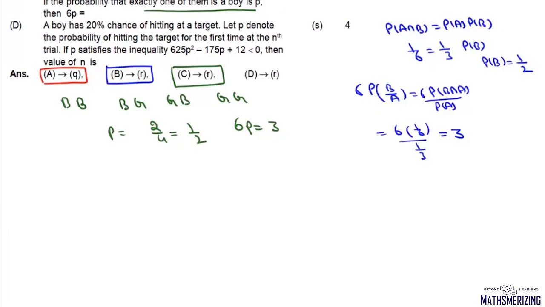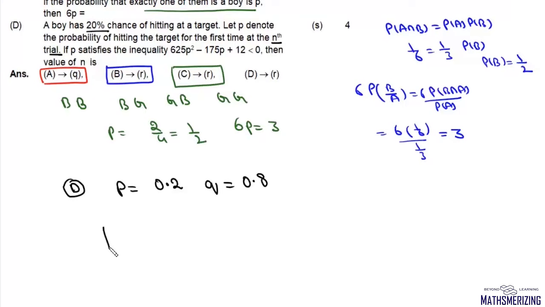And now the fourth question is, a boy has a 20% chance of hitting a target. So the probability of hitting a target is 0.2 and not hitting a target is 0.8. Let p denote the probability of hitting a target for the first time at the nth trial.